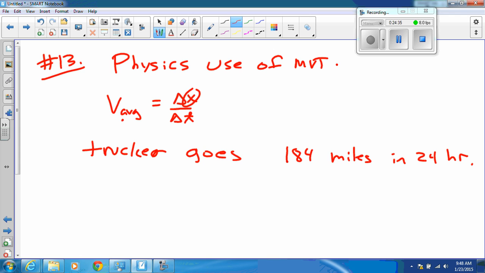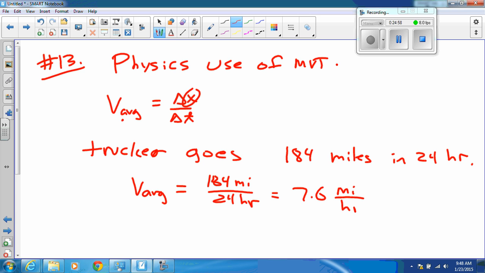So a physicist looks at that and says, I can compute what from that information? I can compute average velocity. Exactly. I can compute that the average velocity was 184 miles over 24 hours. And when you actually do, what number do you come up with? 7.6 miles per hour, which is knots. Exactly.